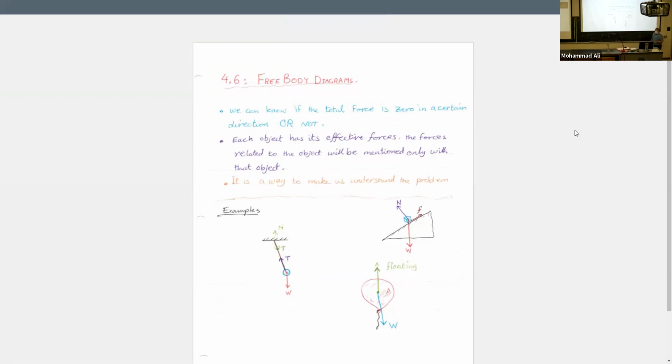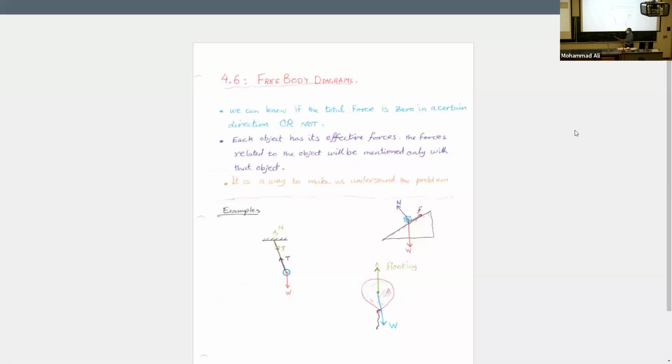A free body diagram is just drawing the problem, the example, to understand it and make it easy, to see at the end if we have a total force, just like what I did here. These forces are a free body diagram for this system. It will show me if we have a total force or not.